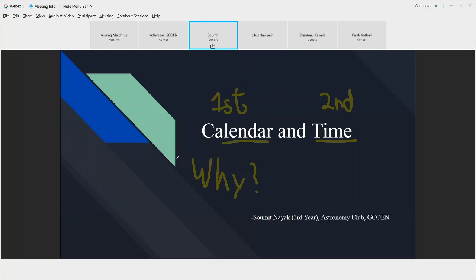I also want to tell you about the complexities involved in making these methods of timekeeping and date keeping. So without any further ado, let's begin.